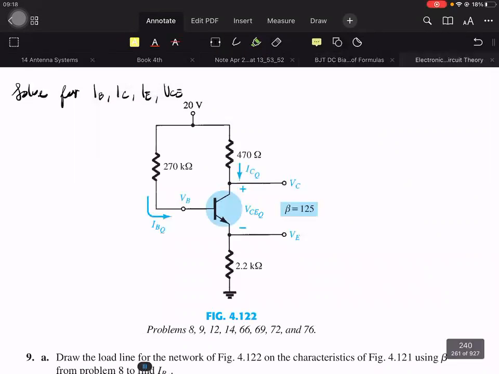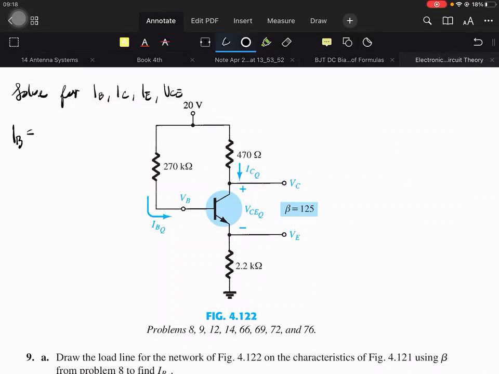So for IB is equal to VCC minus VBE all over RB plus beta plus 1 RE.